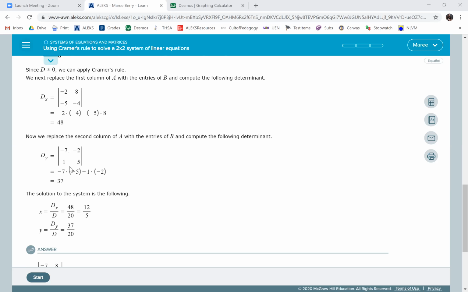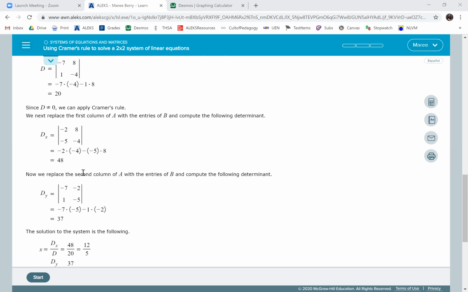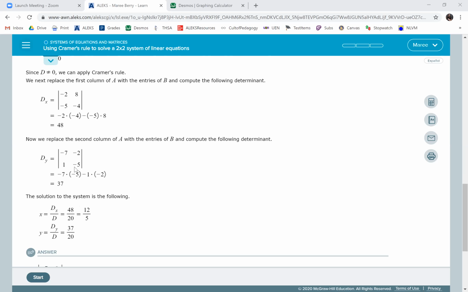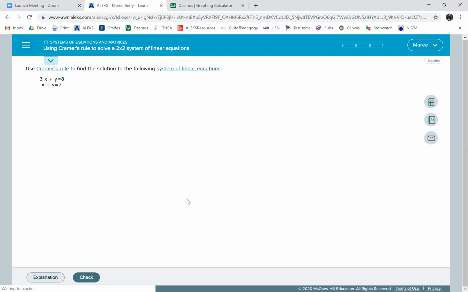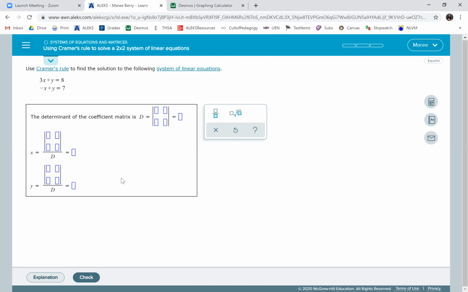Then for the y value, we take the answer matrix and put it in the column for y, multiply, and find the determinant. So we have 30 minus a -2, which is 37, and we put 37 over 20. At this point, 12/5 and 37/20 is just where the two lines are going to intersect.